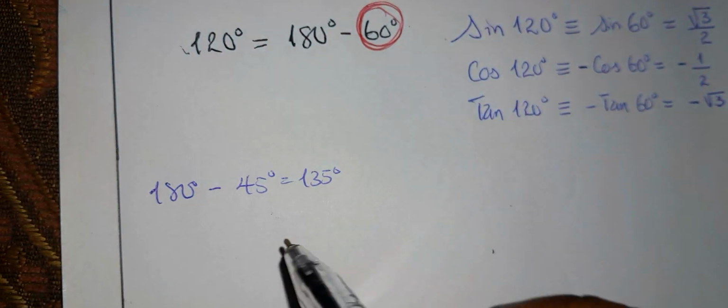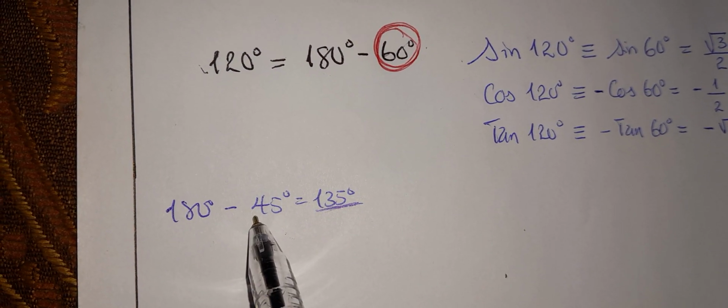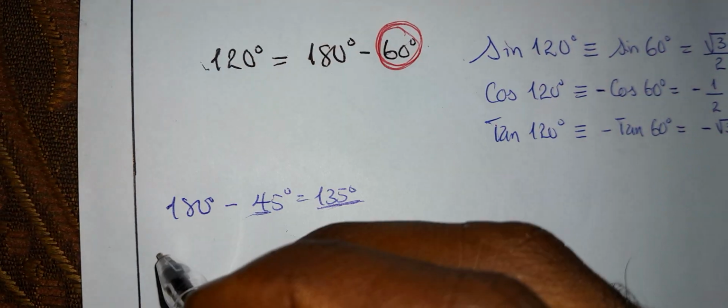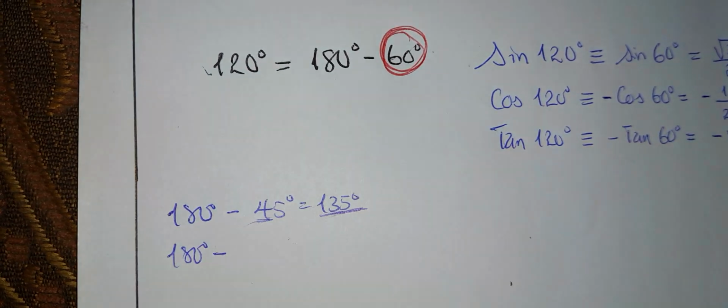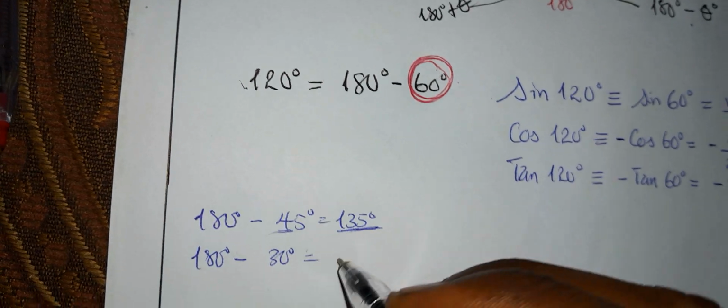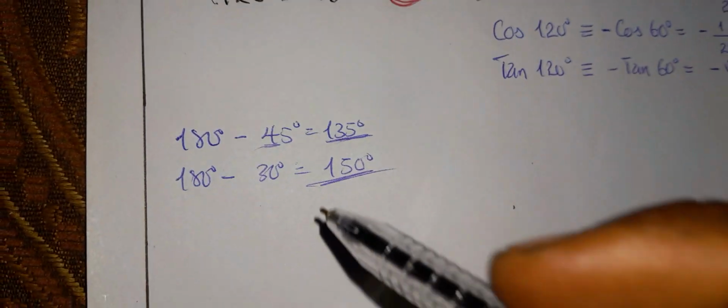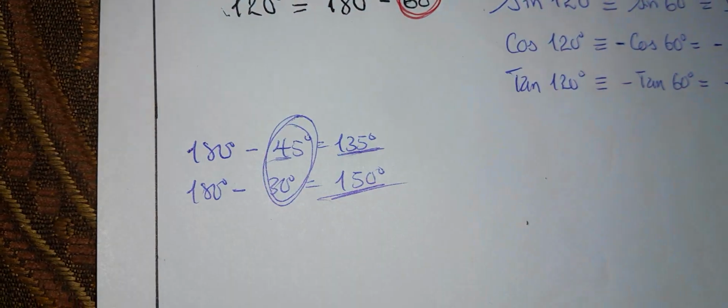So sine 135 is equivalent to sine 45, and then the last one is 180 degree minus 30 degree will give us 150 degree. So these are what we'll be using.